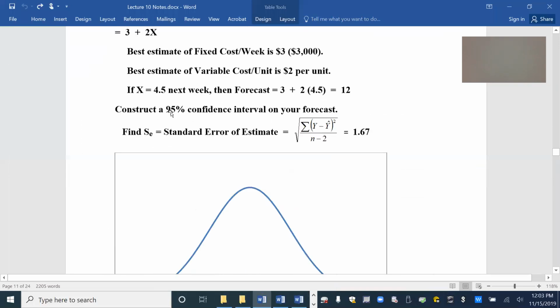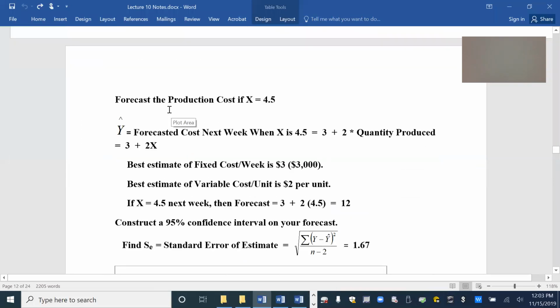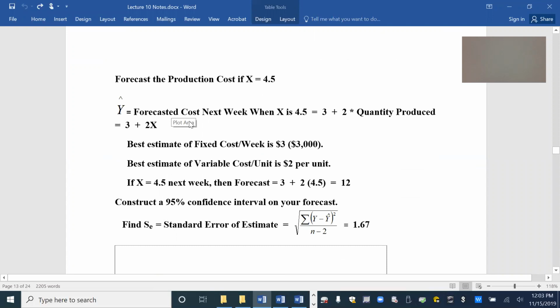So at this point, I can say, okay, my best guess, forecasted cost next week, when X is 4.5, is 3 plus 2 times X, or 3 plus 2 times 4.5. My best guess is we're going to need $12,000 to run the business. My best guess is $12,000.